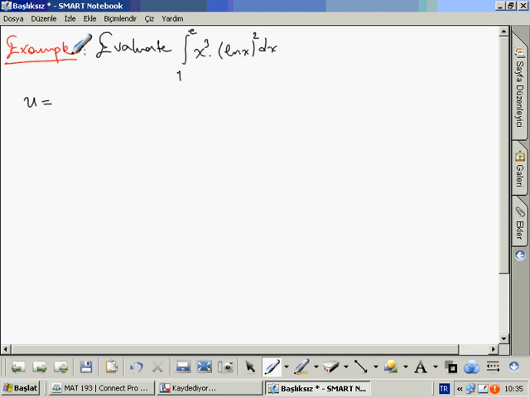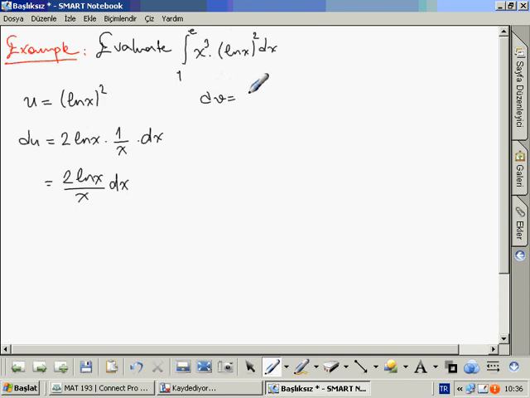If u equals ln x square, then del u will be 2 ln x times 1 over x del x, that means 2 ln x over x del x, right? And the other part, if del v equals x cubed del x, so v equals x to the 4 over 4.